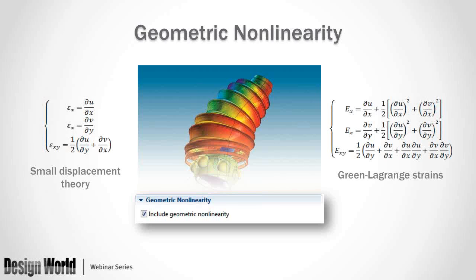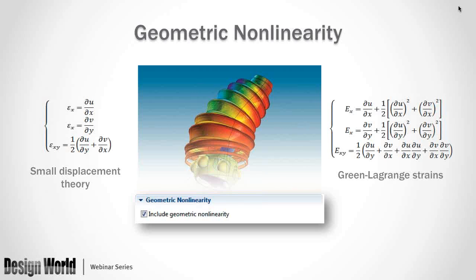Geometric nonlinearity, I'd just like to point out here, and the way that it's formulated within COMSOL. I think there's two different ways of considering this type of nonlinearity. The first way is to look at the equations. Of course, you may or may not want to look at them, but it's probably worth taking a quick peek and noticing the difference between the linear relationship and the nonlinear relationship.